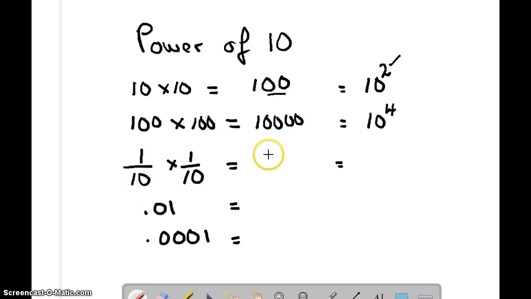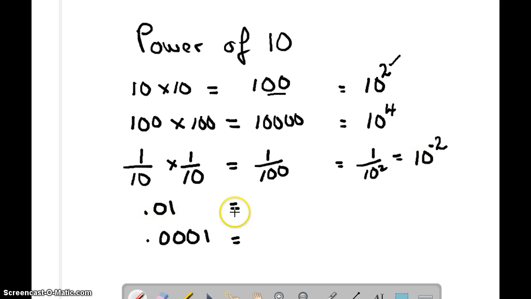1 over 10 times 1 over 10 is 1 over 100, which we learned today is the same as writing 1 over 10 squared, which is the same as writing 10 to the negative 2. Well, how do we get 10 to the negative 2?